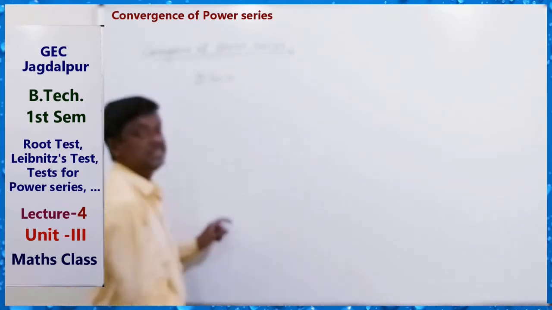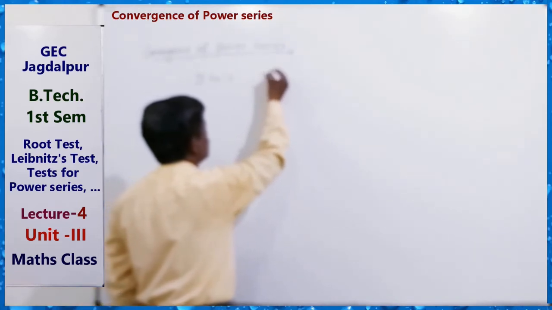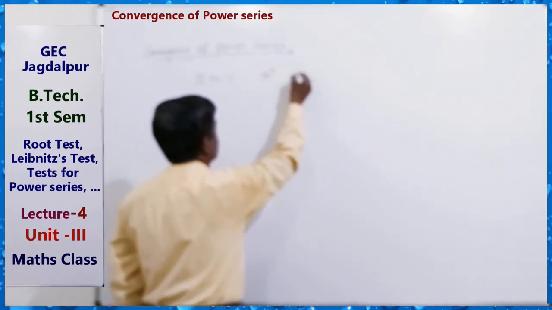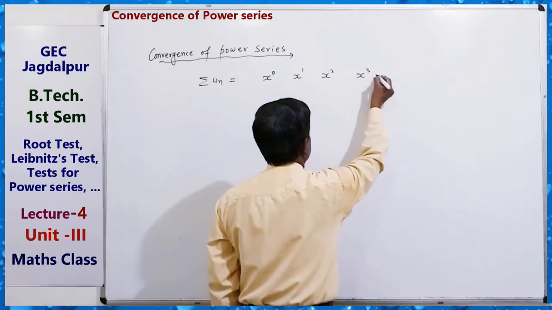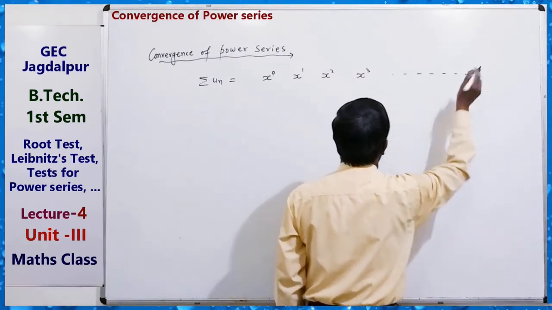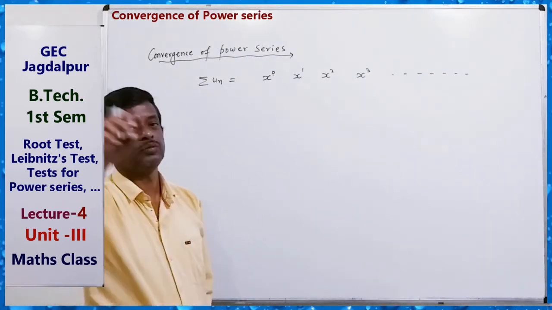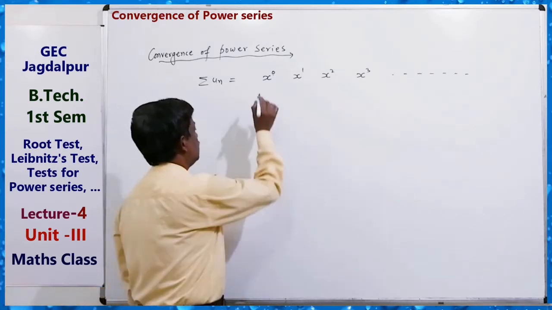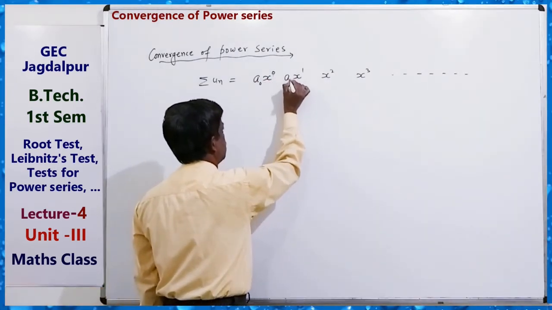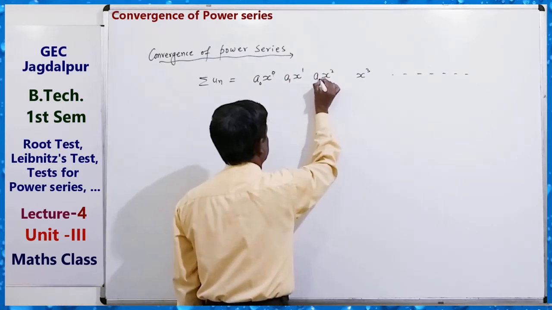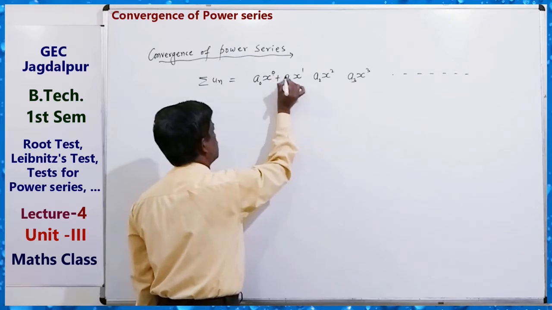Suppose we are having a series just like this: x to the power 0, x to the power 1, x to the power 2, x to the power 3, and so on. A variable having powers 0, 1, 2, 3, 4, 5, 6, 7, and having constants a0, a1, a2, a3, and so on.